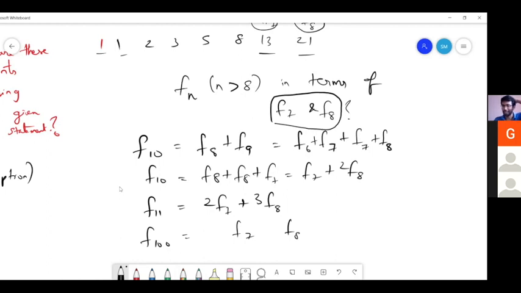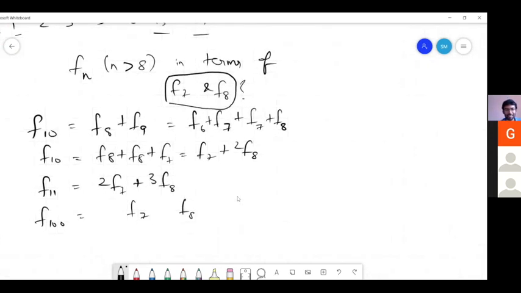Again, do you see any pattern coming up in the coefficients of F7 and F8? So suppose, let's say that F10 is equal to A times F7 plus B times F8. Yeah, like that. Just a minute, I'll write down what you're saying. So F10 is equal to A times F7 plus B times F8. Then F11 will be (A plus 1) of F7 and (B plus 1) of F8.